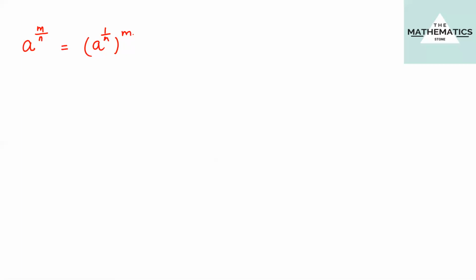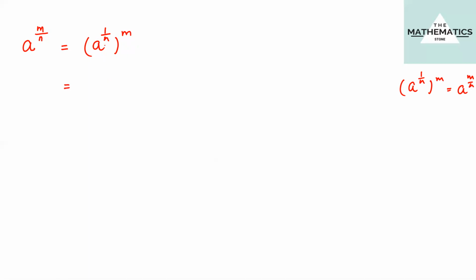I'm just applying the reverse of the power rule. So a raised to 1 over n times m will be equal to a raised to m over n. So I've done just the reverse thing.